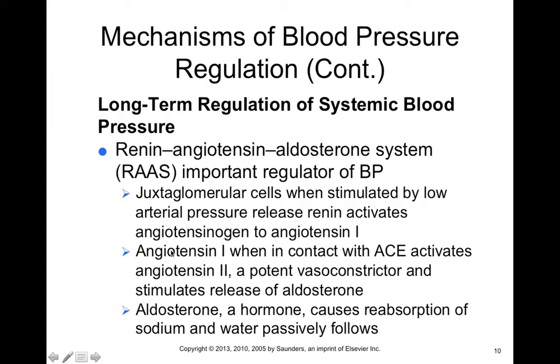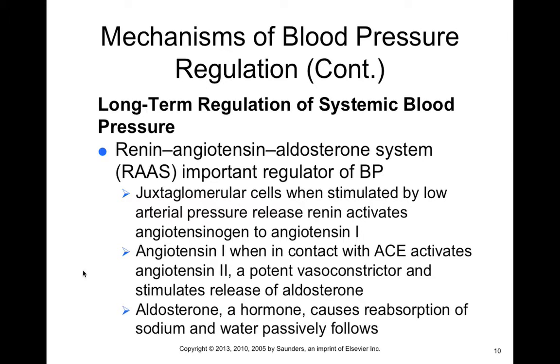Angiotensin 1 will travel throughout the bloodstream, and when it encounters the enzyme ACE, or angiotensin converting enzyme, in the lungs, ACE can convert angiotensin 1 into angiotensin 2, and we call angiotensin 2 the active form of this hormone because it can have very potent and immediate effects throughout the body.